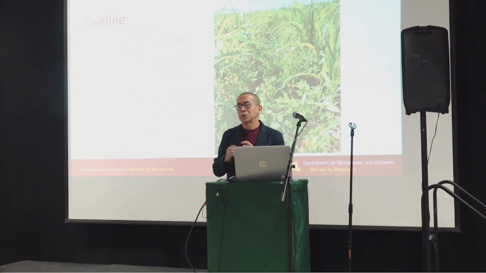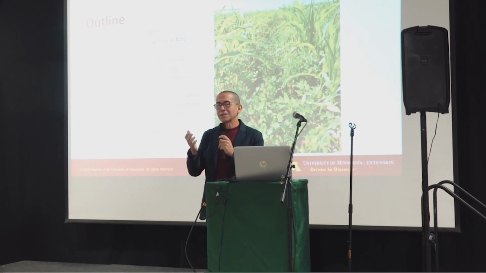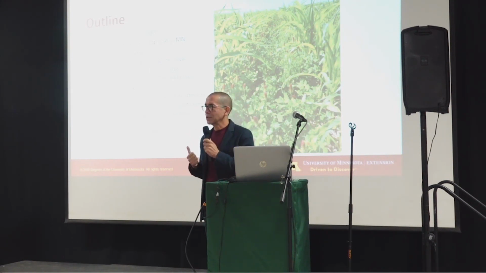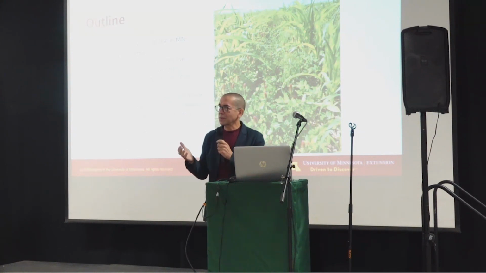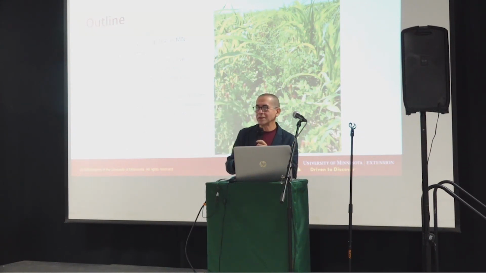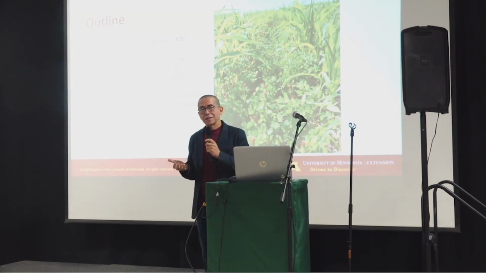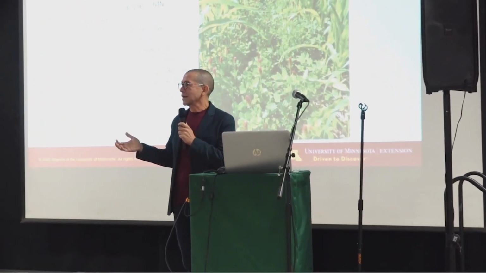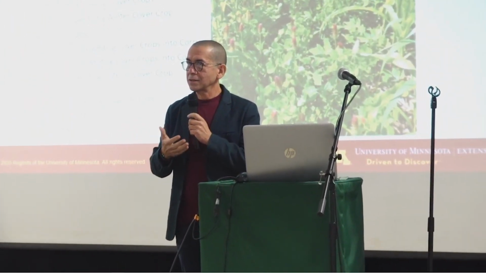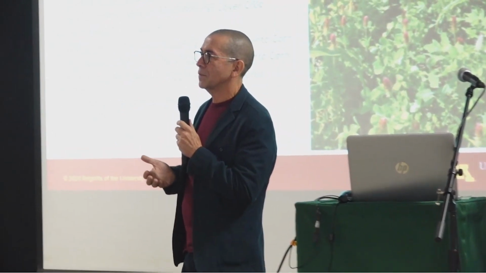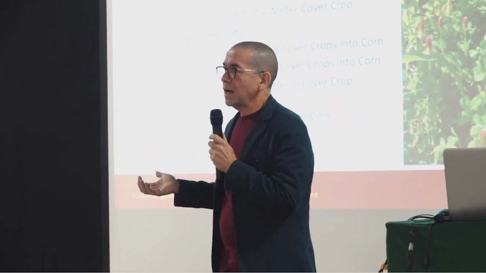I just wanted to quickly address some of the things that my previous speakers were talking about, which is the size of our research plots at the university. That is right. They are small plots. There are several reasons. They pretty much address those reasons. There is a science reason behind that as well.